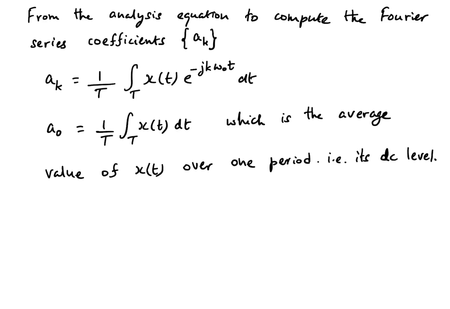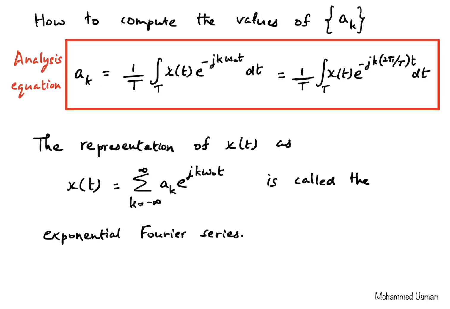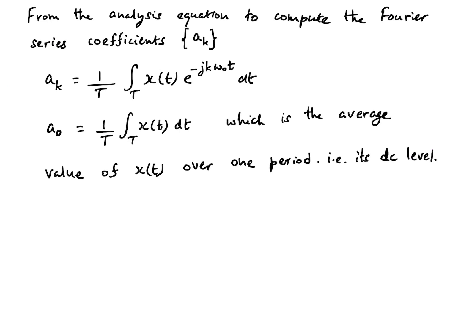So what we have seen till now is the exponential Fourier series, wherein the signal is represented in terms of the complex exponential. And there are other forms or variants of representing the signal with the Fourier series, which can be extracted from the exponential Fourier series.